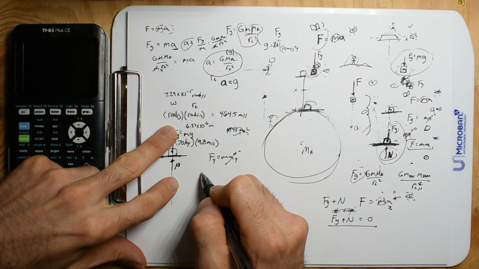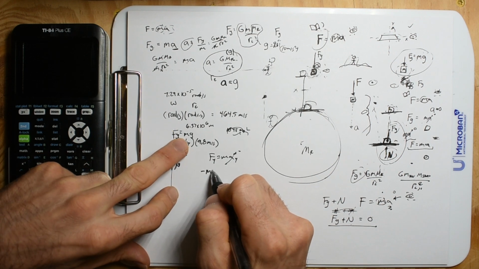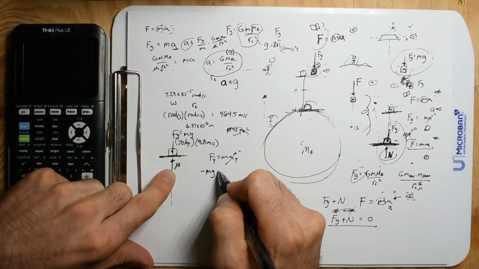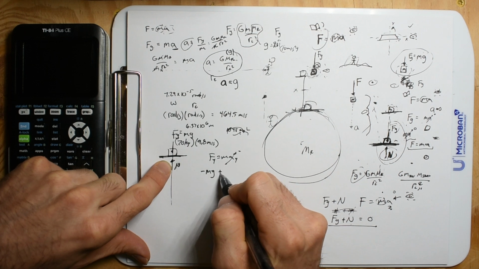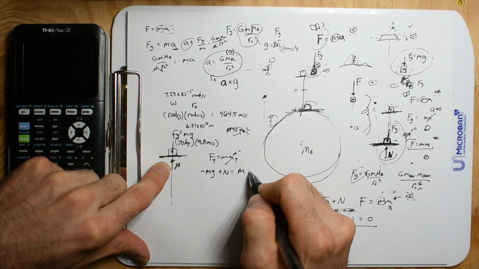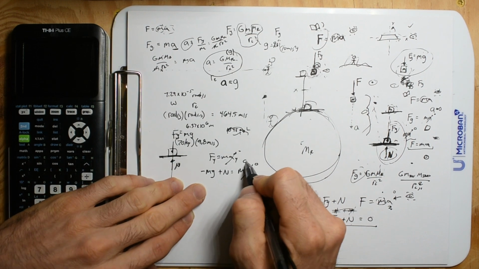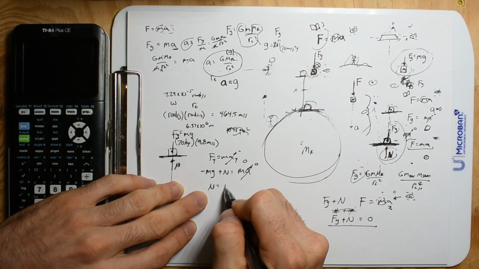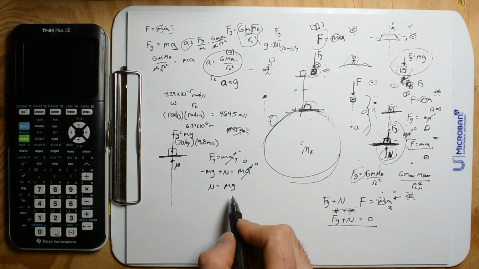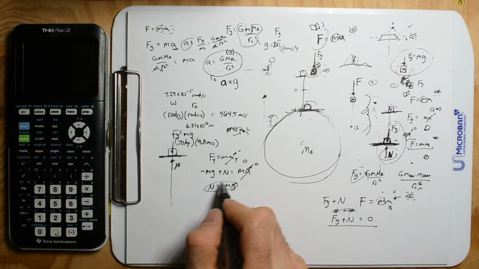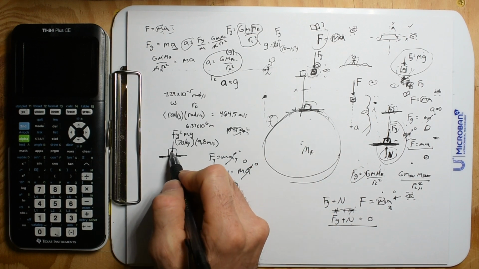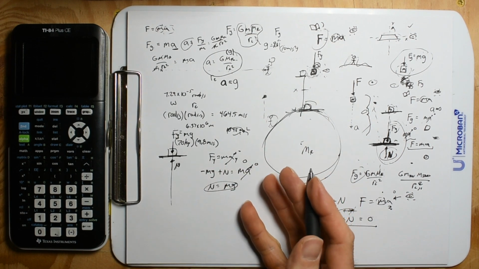So we have negative mg, that's going to be down, and then we have a normal force up, plus N is equal to mass times our acceleration, and that's 0. So now this is 0, and we have normal force is equal to mg. So this is just defining Newton's second law, or whatever, that equal and opposite forces.